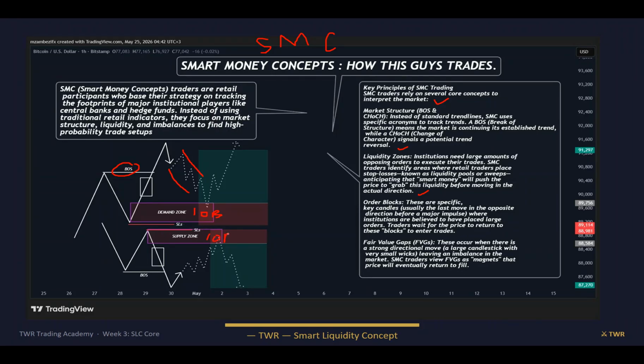Okay. So another thing that they usually wait for is a fair value gap. This occurs when there is a strong directional move or a large candlestick with small wicks, leaving imbalance in the market. SMC traders view fair value gaps as magnets that price will eventually return to fill.